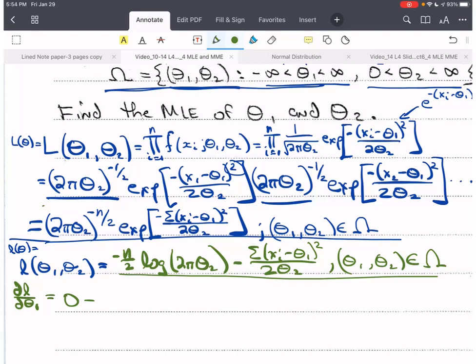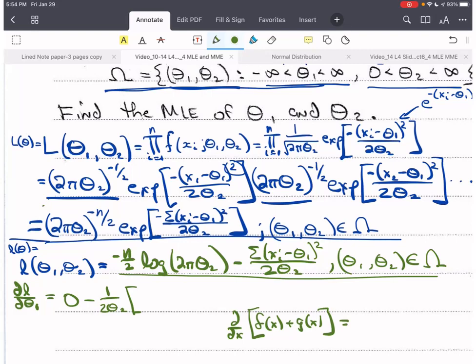I could pull 1 over 2 theta 2 out to the front, and now I'm taking the derivative of that summation. Well, the derivative of the sum is the sum of the derivatives. So you should know that the derivative of f of x plus g of x, use your brackets so it's not confusing, is equal to, that's the derivative of the sum.